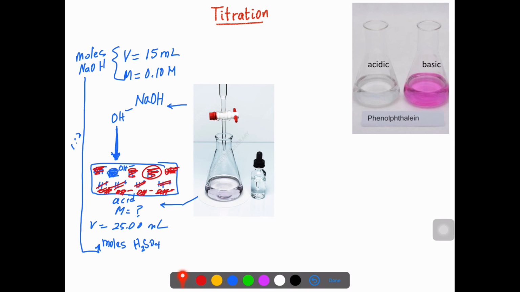Once you know the moles of acid, since you have the volume of acid, you can use these two to calculate the molarity of the acid. This kind of procedure to calculate unknown concentrations by reacting solutions together in stoichiometric proportions is called titration.